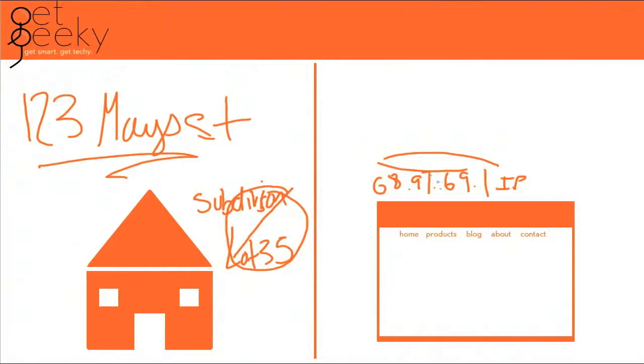So instead, we've built these domain names, and what those do is they connect to that IP address. So you purchase this domain name and it's going to connect you to that IP address below. It makes it a lot more user friendly and easier to remember.